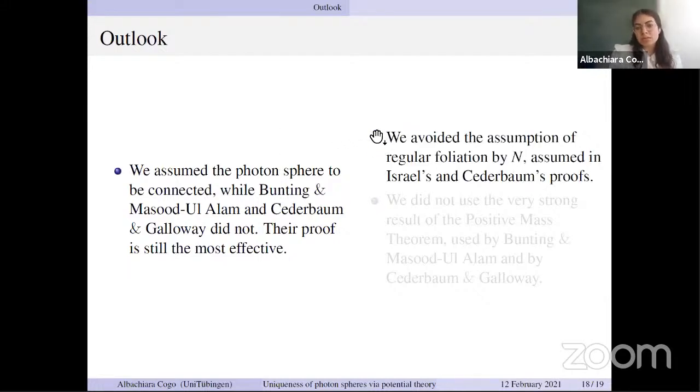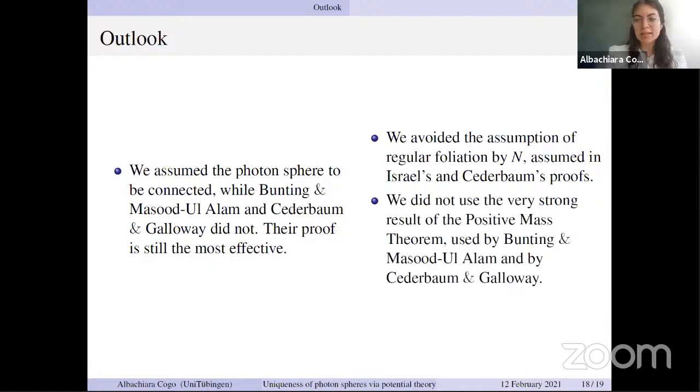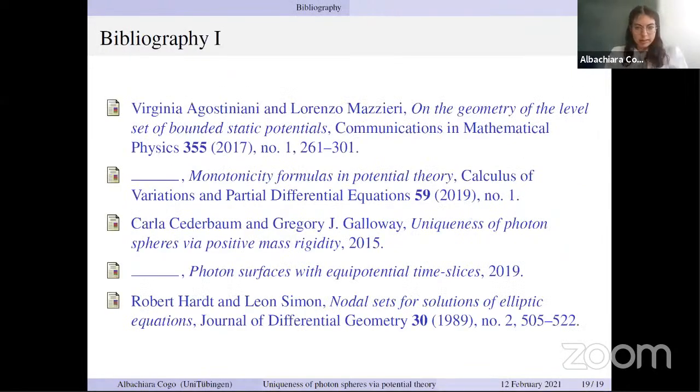But it was also a good way to prove it, because we avoided the assumption of regular foliation by hand, which is a big deal. And also we avoided using the positive mass theorem, which was used by them. And it's a very strong result. So these are my main references, and thank you for your attention. I'm here for any questions.